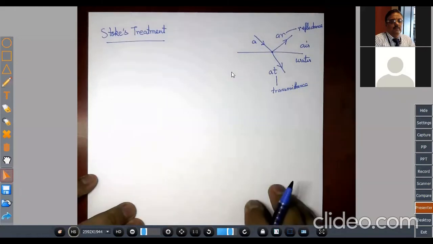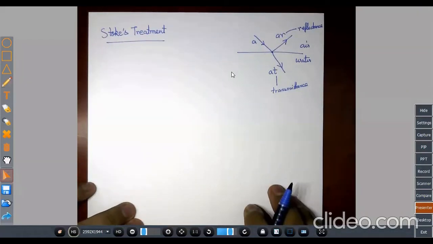The reflectance is the ratio of the light reflected to the light incident, and similarly transmittance is the ratio of the light transmitted to the light incident.